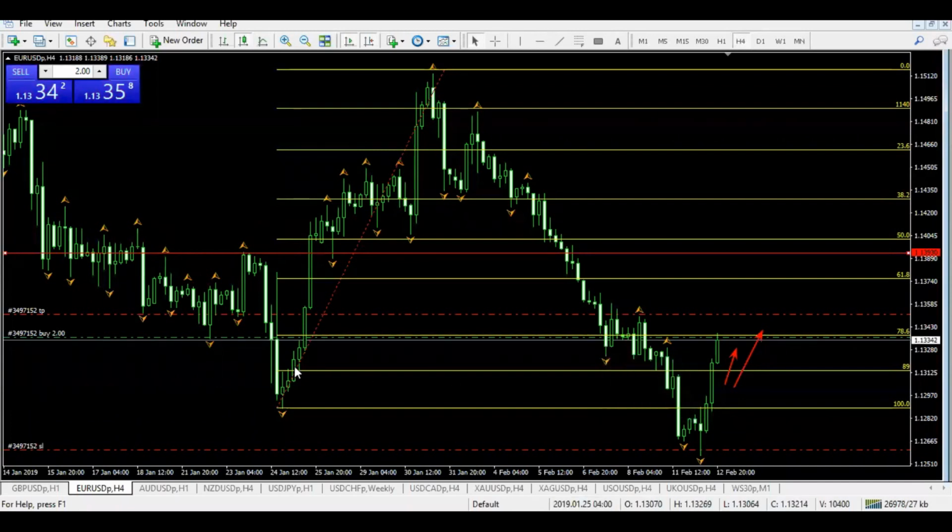When the 78 breaks, you know it would go up to 789. It's a low on 789. What did we do here? Look, I updated my stop loss and put it under the 89.